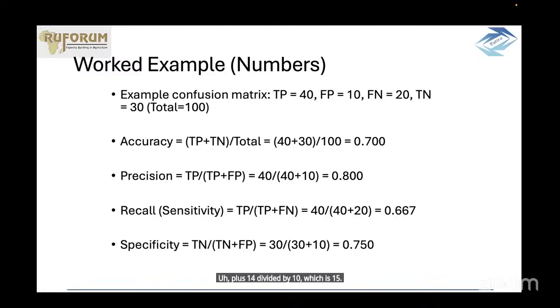And your recall, or sensitivity, will be 40 divided by 20 plus 40, which is 0.67. Your specificity is 30 divided by 30 plus 10, which is 0.75.